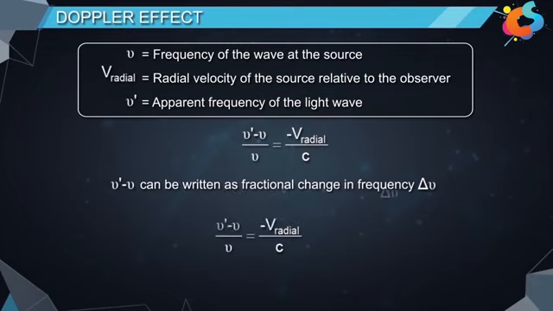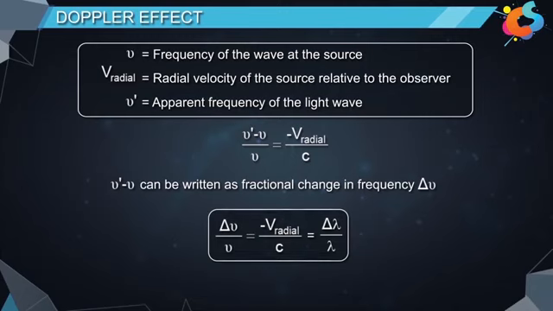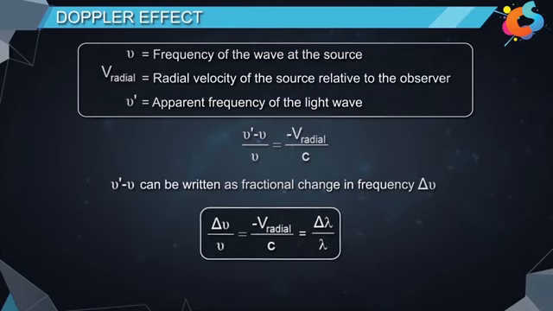Therefore, the equation becomes Δν/ν = −v_radial/c, which is equal to Δλ/λ.